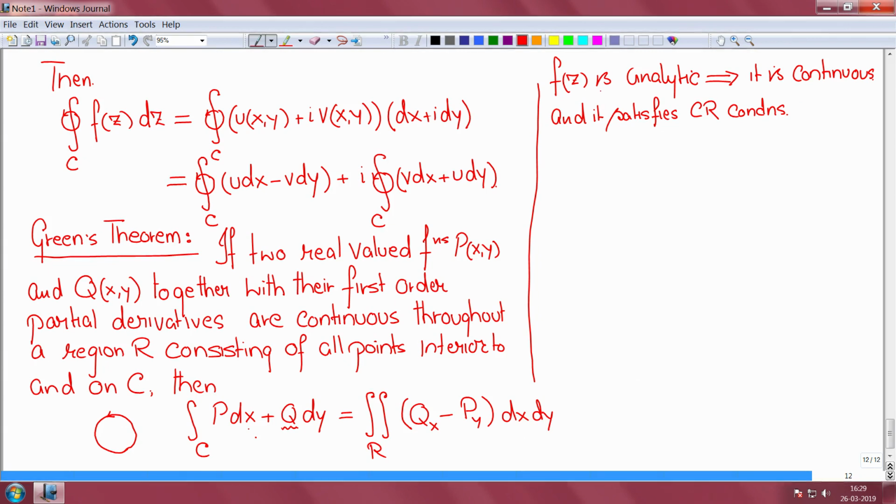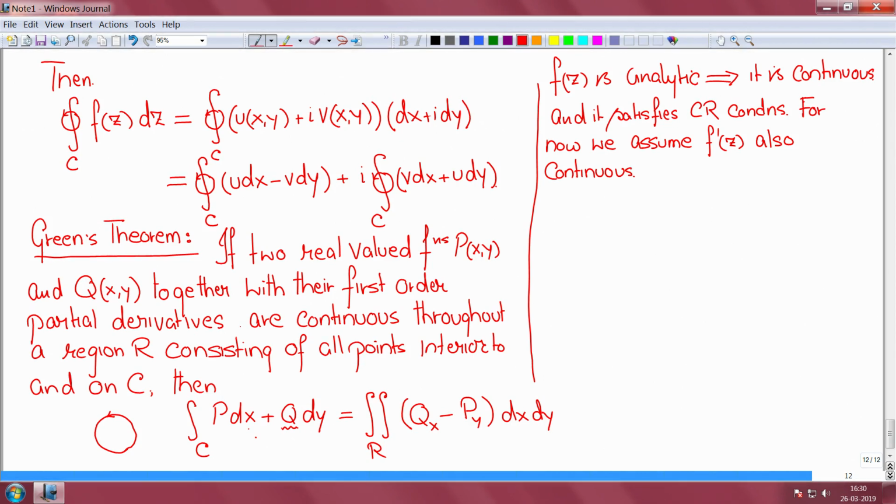For now, we have only said f of z is analytic, but we assume that f dash of z is also continuous. We do this because here P of x y, Q of x y along with their first partial derivatives are continuous.